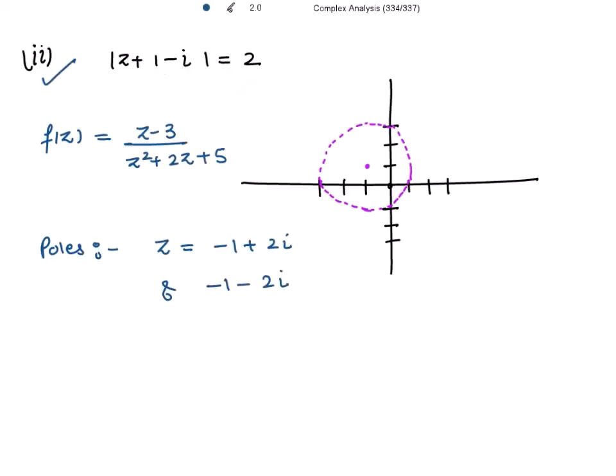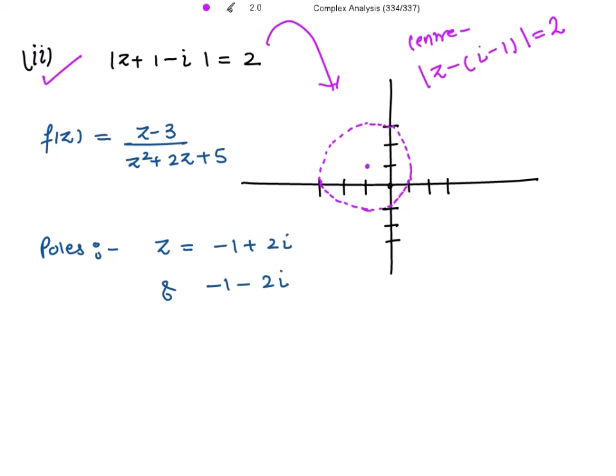Next, for this circle, we need to check which of these points lies inside this circle. Now how to draw this circle? What is the center for this circle? The center is, I can write this as z minus (iota minus 1), mod equal to 2, right?